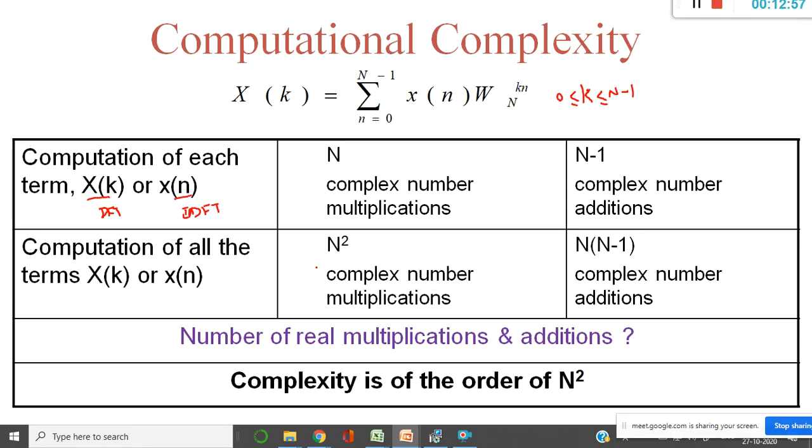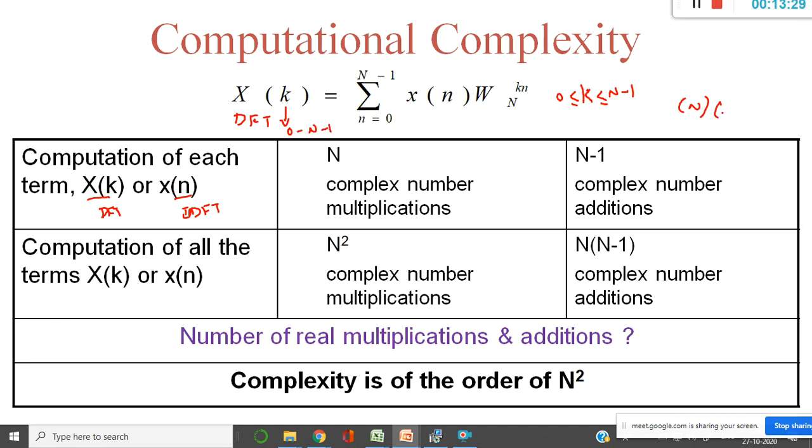So for the total calculation of x of k, or x of n, let me take only the DFT. In order to calculate the entire DFT of the set n, small n ranging from 0 to n minus 1, each value of k requires n multiplications, and of such there are n values, with k ranging from 0 to n minus 1.